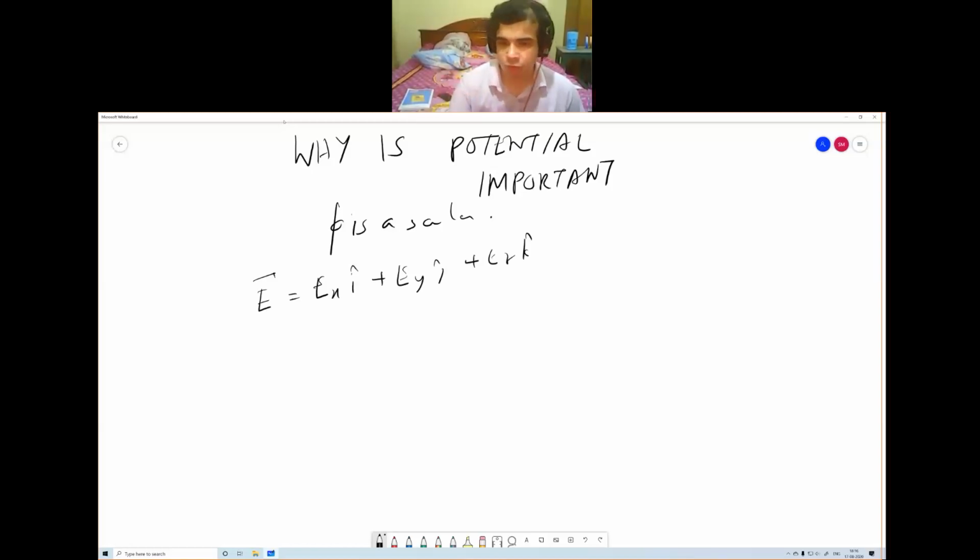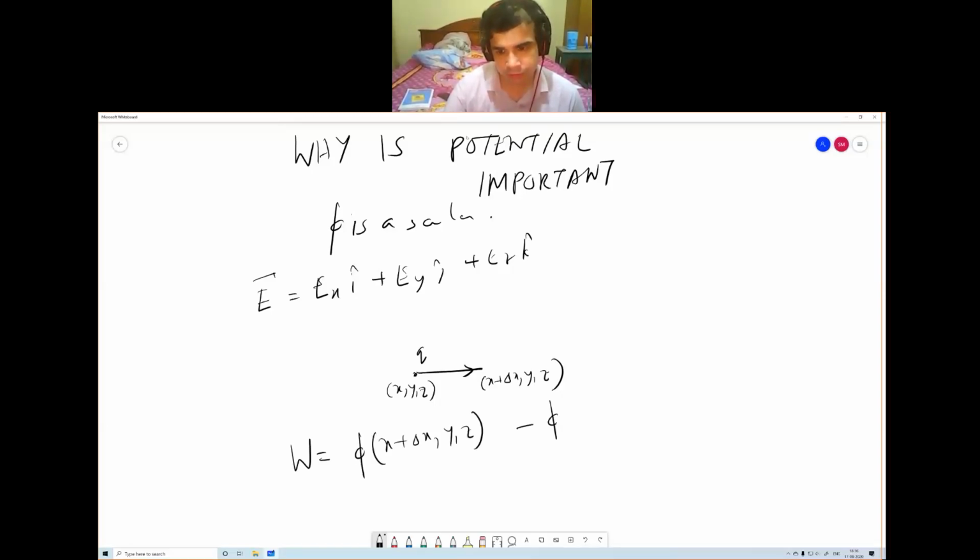I have a charge of 1 coulomb, which I am moving from x, y, z to x plus del x, y, z. So from the discussion we had just now, W would be phi at x plus del x, y, z minus phi at x, y, z. Is it correct?